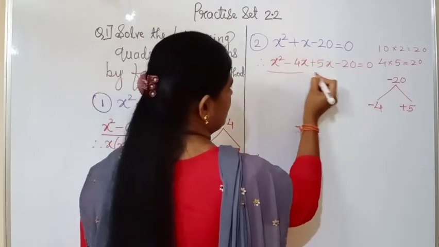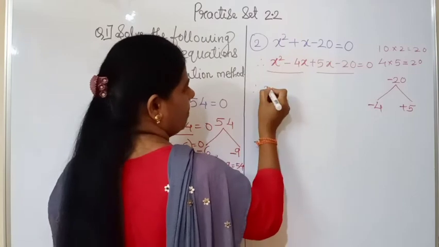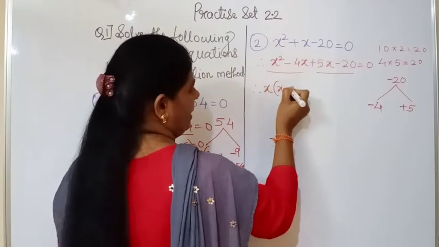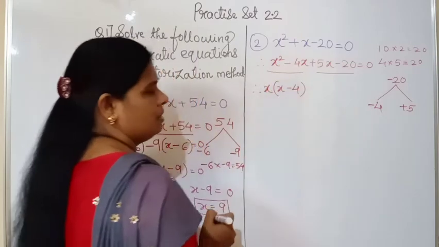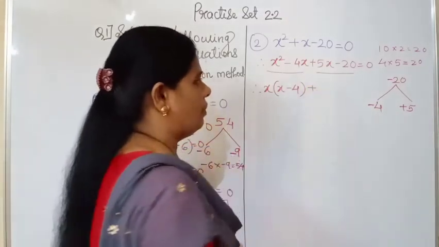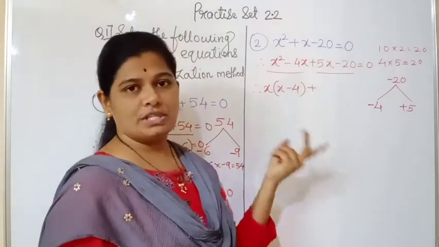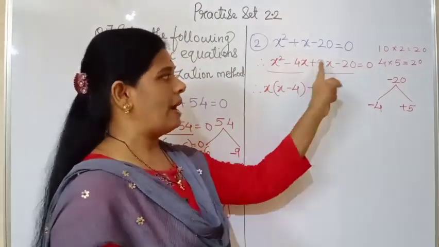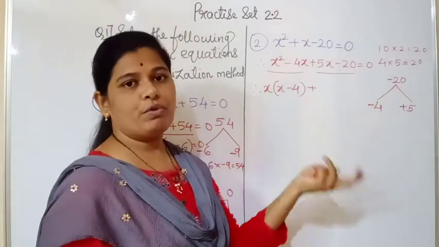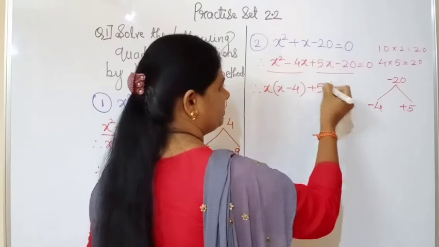Next we have to make two parts. What is common here? X is common. In the bracket it will be x minus 4. Now there is a plus sign. In the second part there is no x common, so we shift towards the number. In the table of 5 there is a 20. 5 4s are 20, so we take 5 as a common factor.